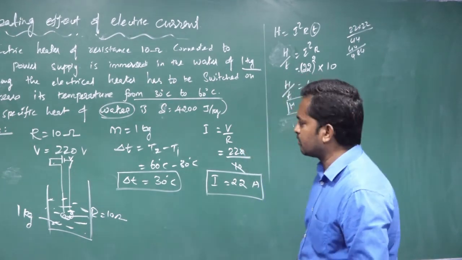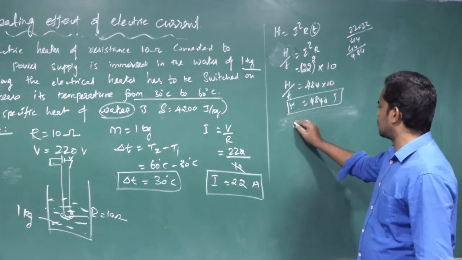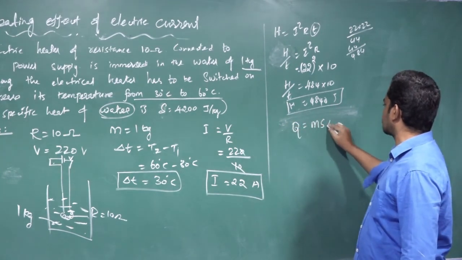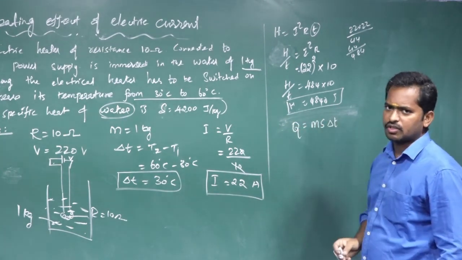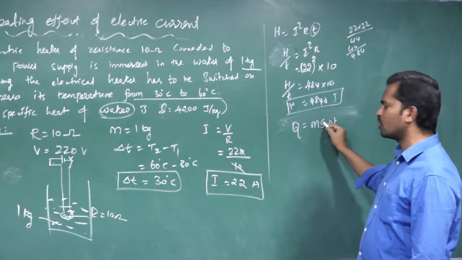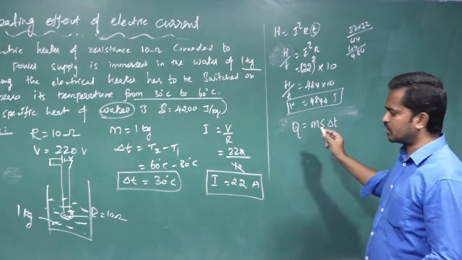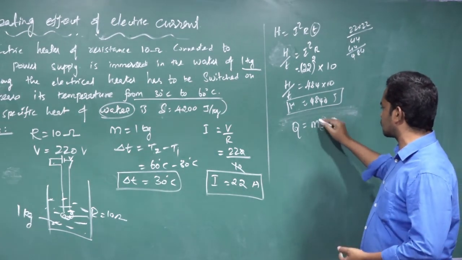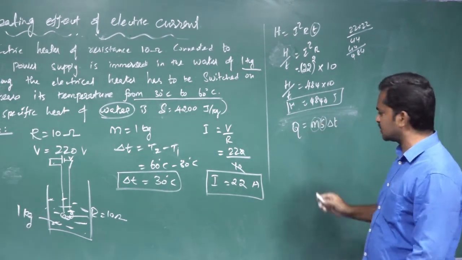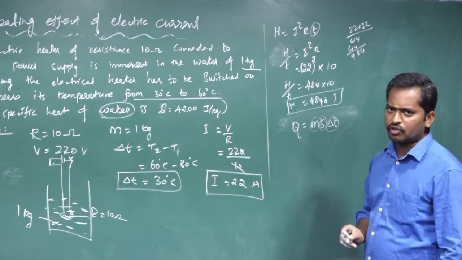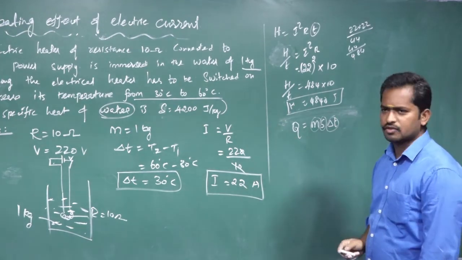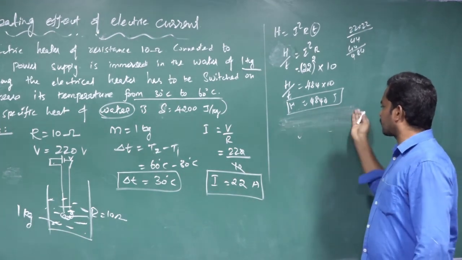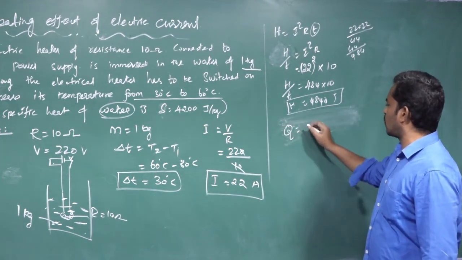According to thermodynamics, you know well, the heat energy produced Q is equal to Ms into del T, where S is the specific heat capacity. You know this from 11th standard. M is the mass of the substance, del T is the change in temperature from 30 degrees Celsius to 60 degrees Celsius. So I want to calculate this Q value. What is the M value?